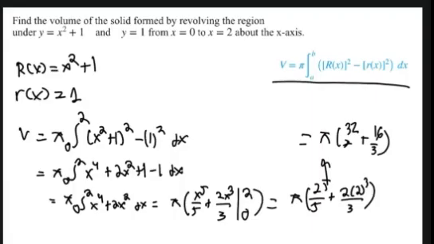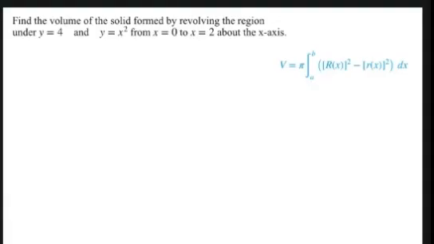And we can get a common denominator of 15, which will lead us to get 176 over 15 times pi. So this is kind of like the key washer idea. It's the outer area minus the inner area.